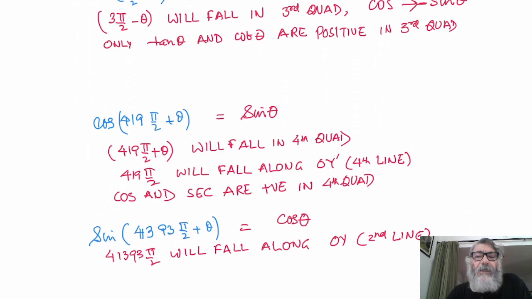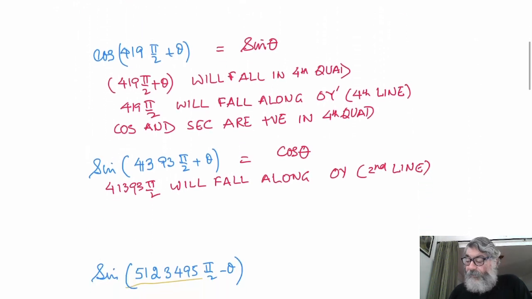And if the transformation is taking place along the vertical line, then sine will change into cos, cos will change into sine, sec will change into cosec, cosec will change into sec, tan will change into cot, and cot will change into tan. Now let us see the next example.